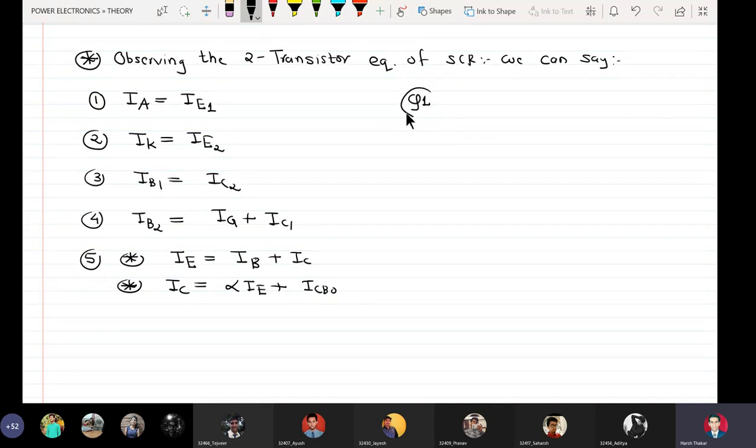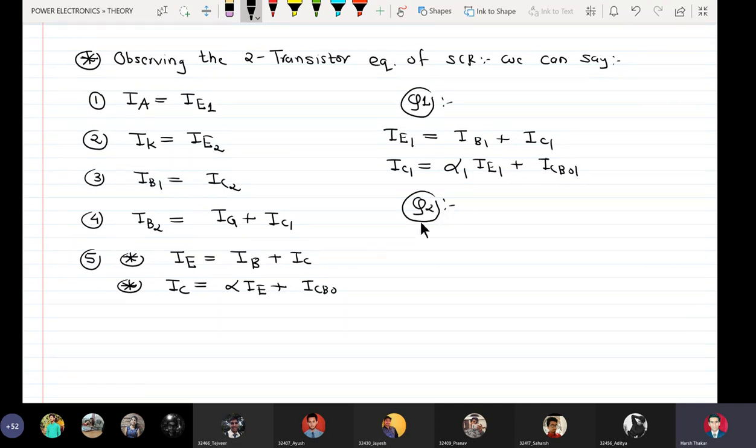Now we are having two transistors. So for Q1, I can write down IE1 is equal to IB1 plus IC1. At the same time, IC1 is equal to alpha 1 IE1 plus ICBO1. Similarly, for the second transistor Q2, IE2 is equal to IB2 plus IC2.